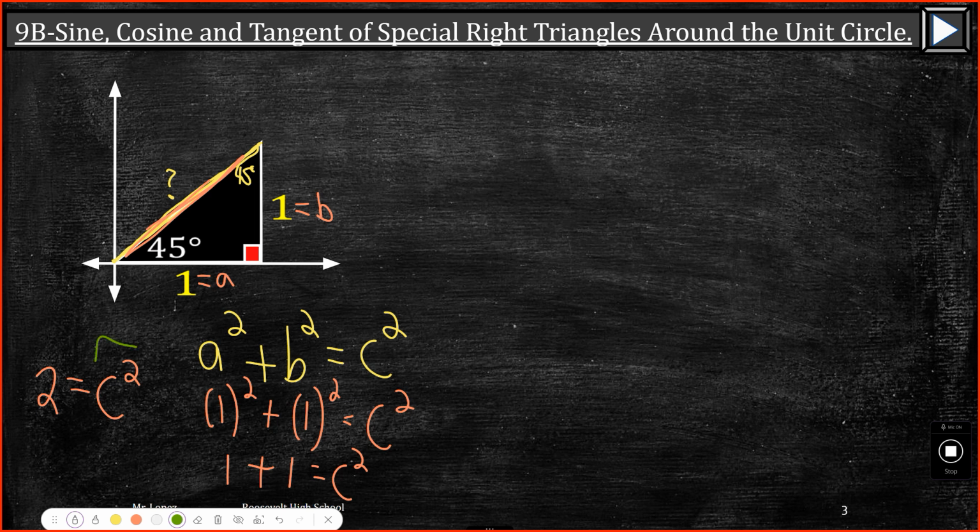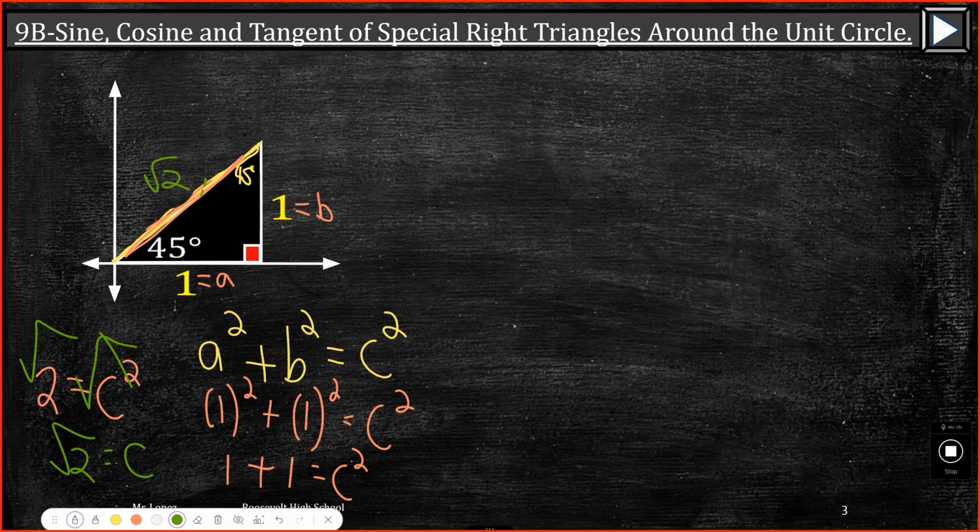Square rooted. And if you really want to know, the approximation is 1.41 on forever. It's called an irrational number.